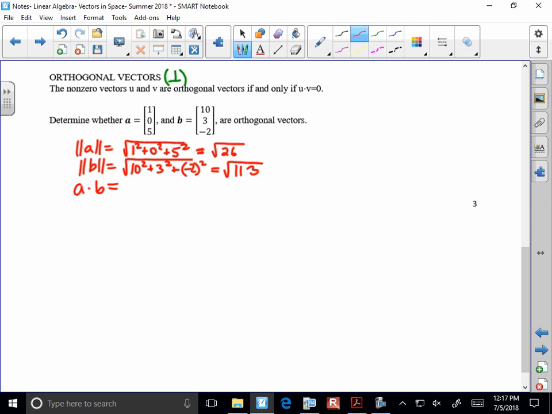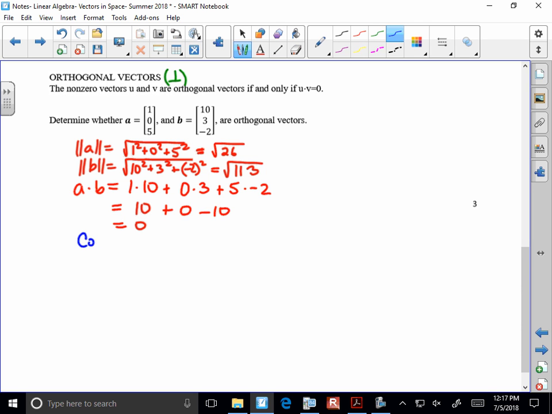I hope it's right. Oh, I don't want to be wrong again. So we have 10 plus 0 minus 10, result 0. So that's our dot product component, right?